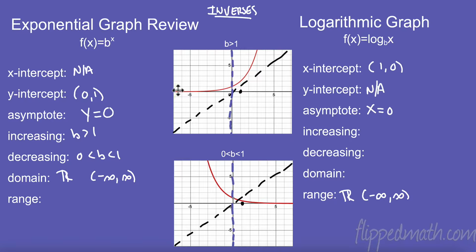All right, range. Let's look at our range. First, let's talk about the exponential. So now 0 is basically the cutoff here, right? So we're going from 0, not including it, so it's just a parenthesis, not a bracket, all the way to positive infinity. Same here. I know it's backwards. A lot of you want to say positive infinity to 0, but range is from down to up, bottom to top, right?